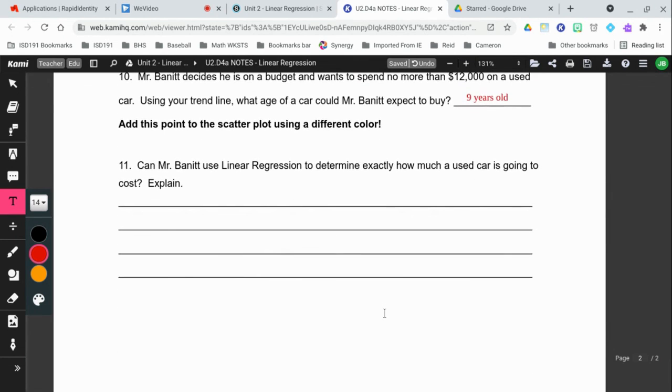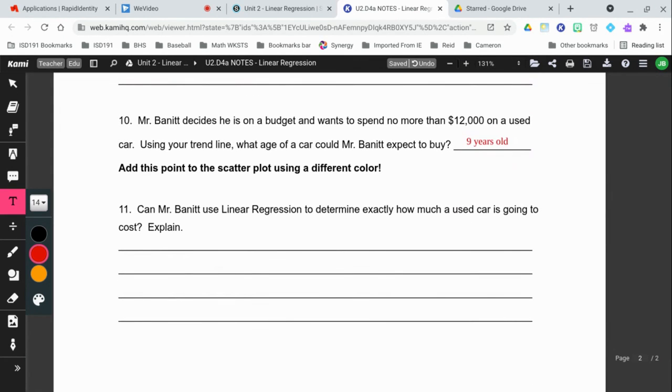All right, and our last final question. Gotta put your thinking caps on for this one. So, can Mr. Bennett use linear regression? This process, just like we did, we made a scatter plot, we used a trend line, we were able to look at the trend and make predictions based on the trend lines. So, could I use this to determine exactly how much a used car is going to cost?